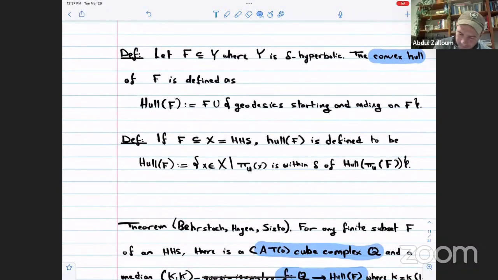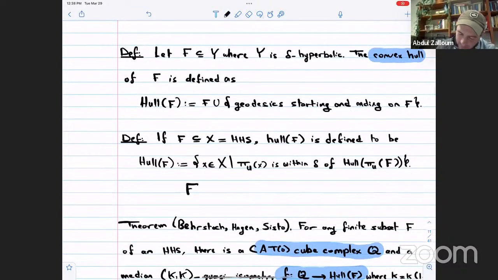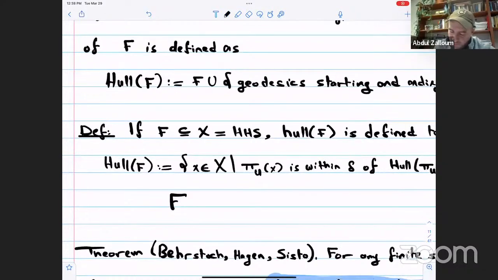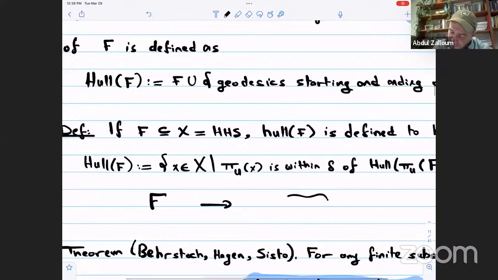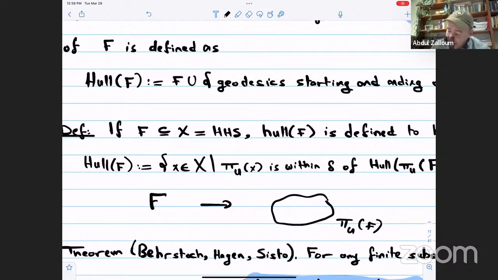So the idea is you have a set F. You have a map to each hyperbolic space, so you project F into each hyperbolic space and you get this set. Now this is a set in a hyperbolic space. Maybe I'll call it F prime.